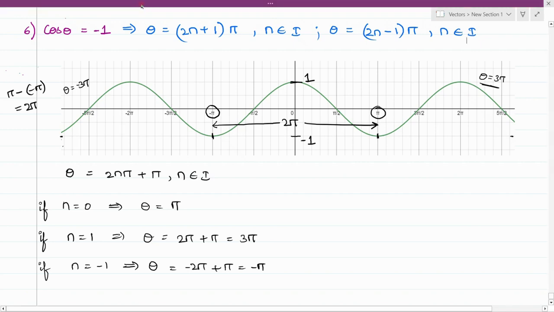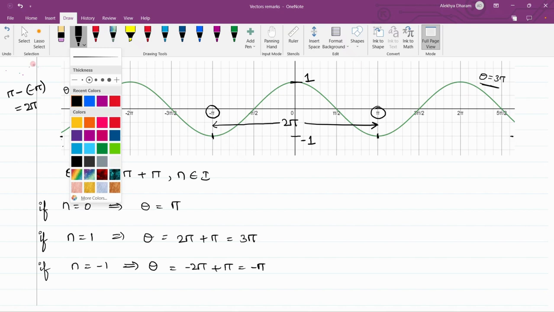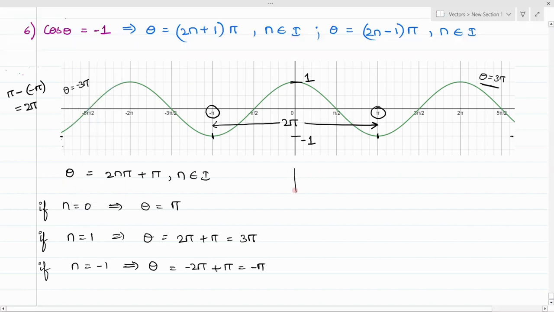You can even verify this. For the second form, if n is equal to 0, we can write theta as minus pi, which is a solution we have seen in the graph.